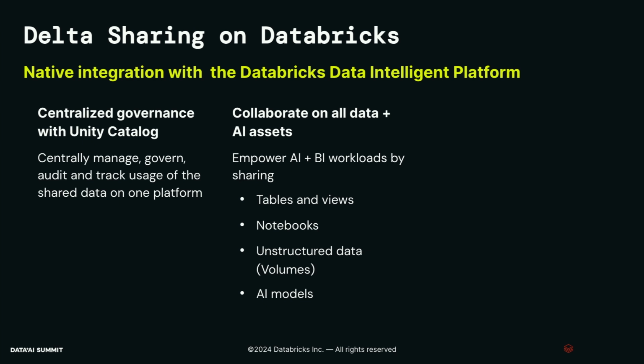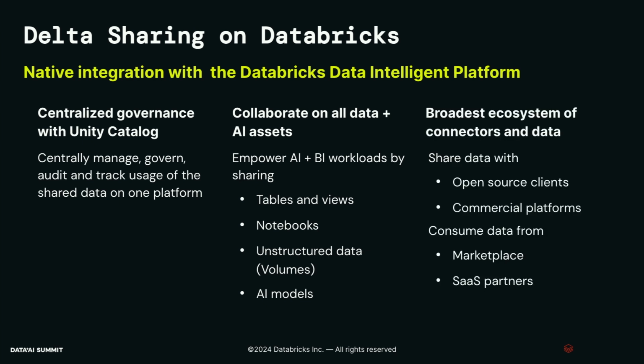So it's really easy to kick off any AI or BI workloads with data sharing. And you also have easy access to the broadest ecosystem of connectors and data. You can share data with those open source clients that we just talked about, and also commercial clients. But also, as a data consumer, you can get third-party data from vendors on our marketplace. Or you can also bidirectionally exchange data with some other SaaS platforms that support data sharing.